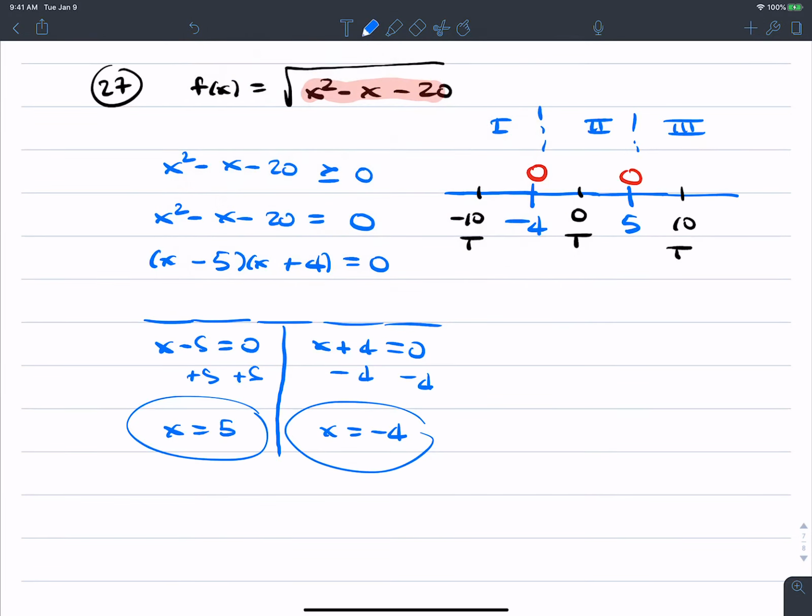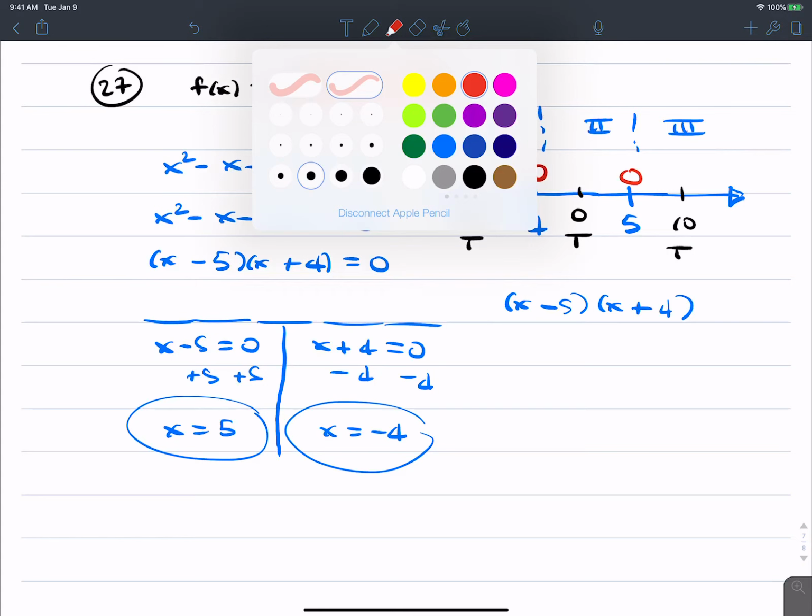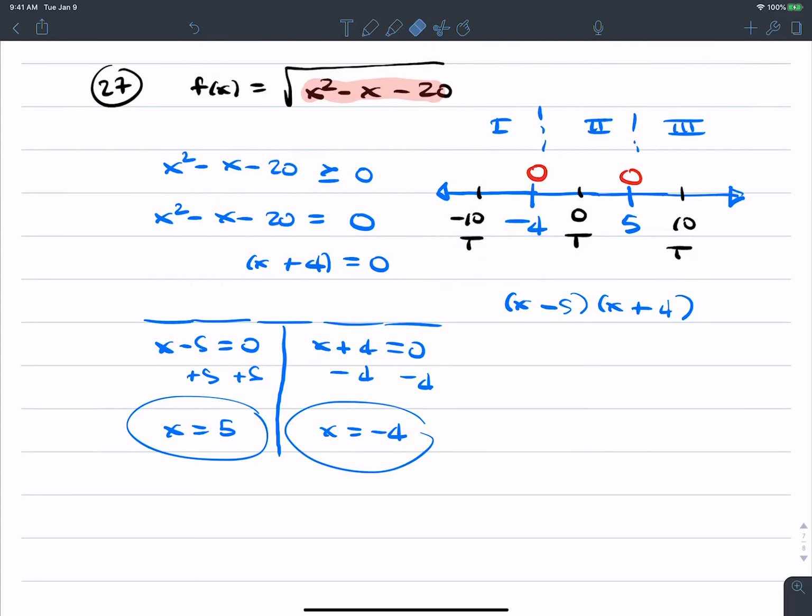Again, this is your real number line here. Since we have to test the quadratic for signs, I always advise to use the factored format. Let's go back. Use that factored format, the product here.